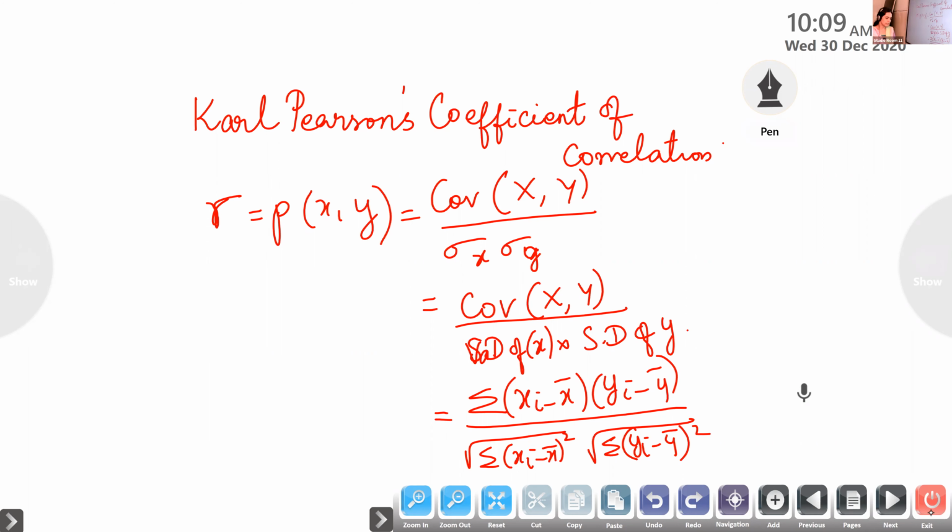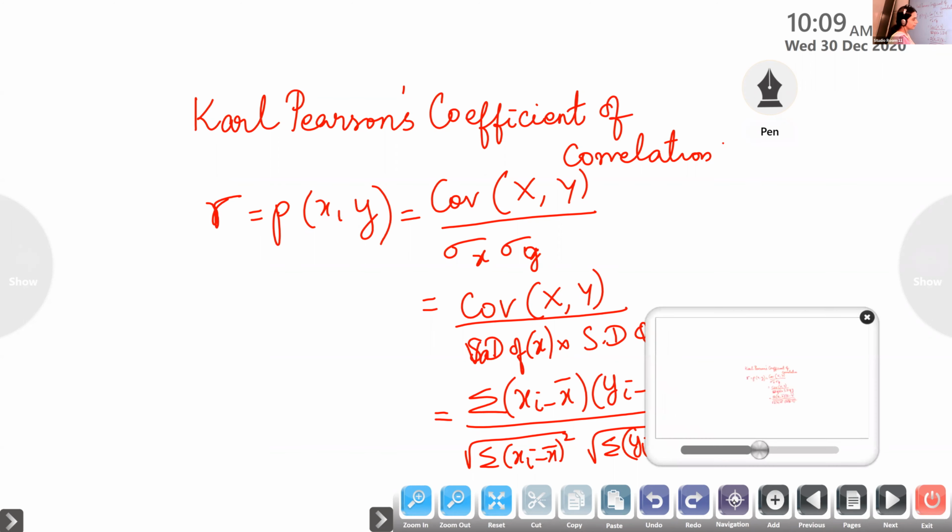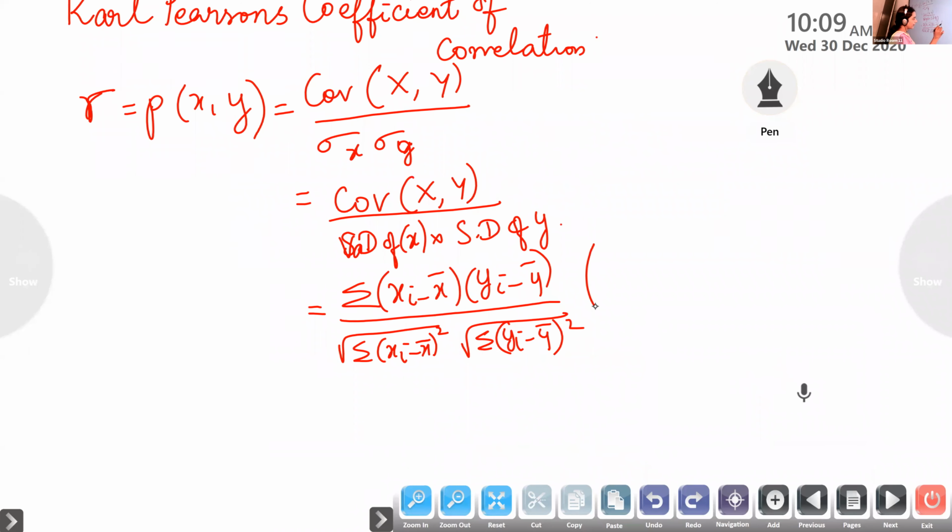So now listen children, these formulas we will use, note it here itself. We will use this formula when x minus x bar and y minus y bar are small numbers without fractions. If they are small, we can use this formula easily.